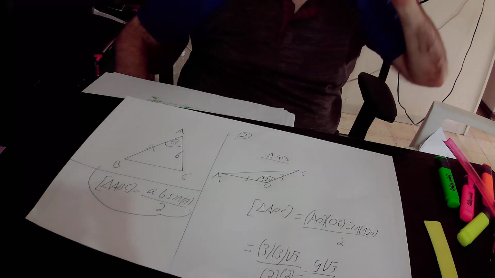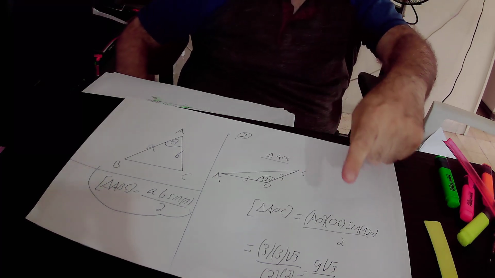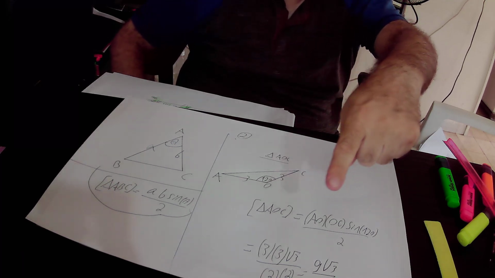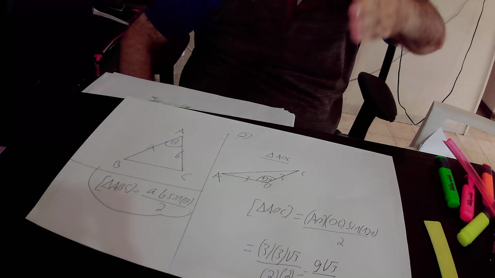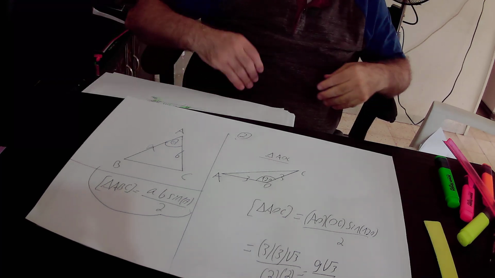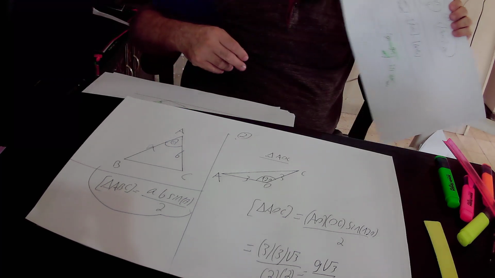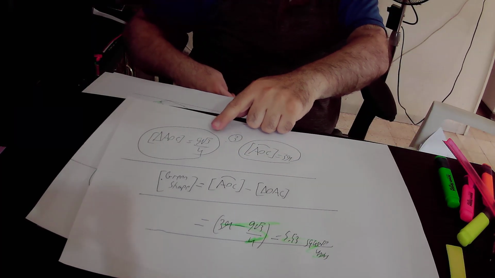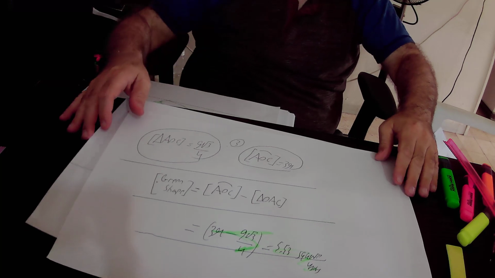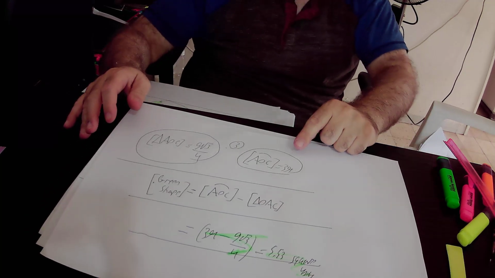So in the numerator, we have 3 times 3, that is 9, and in total, 9 times root 3. In the denominator, we have 2 times 2, that is 4. So in conclusion, the area of triangle AOC equals 9 times square root of 3 over 4 square units, and we have already found out that the area of sector AOC equals 3 pi square units.